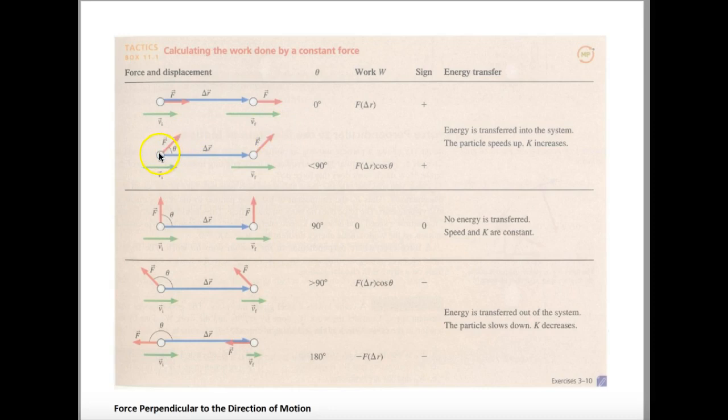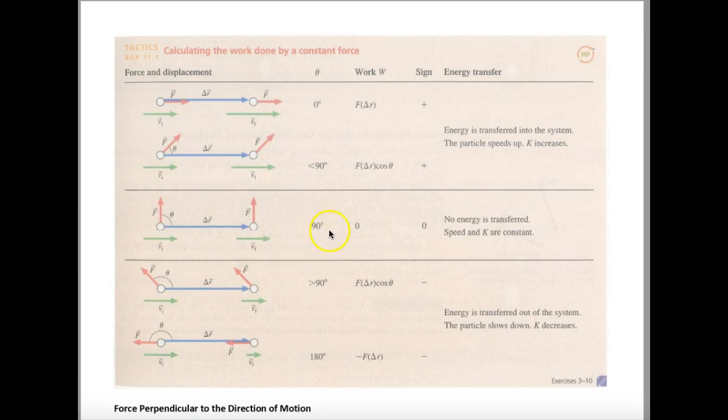I can also do the same thing by pushing it at an angle, kind of like the wind pushing on an airplane that's trying to fly in this direction. It maintains that direction. Our angle here is less than 90 degrees, so we're going to use force times the change in position times the cosine of the angle. The sign is still positive because we're still speeding up.